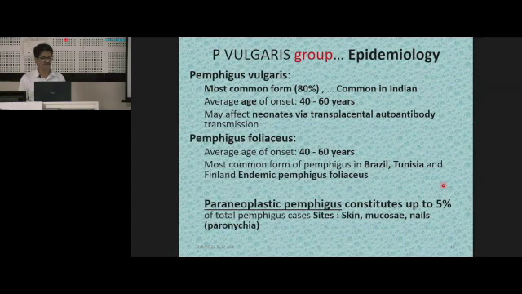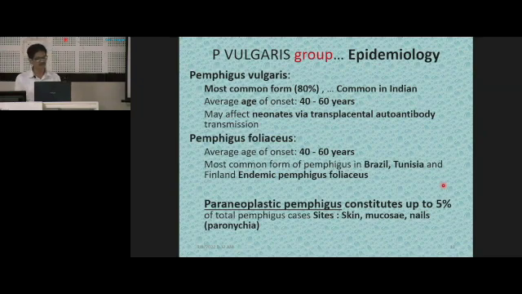We see many cases. Average age of onset is 40 to 60 years, and it may affect even a neonate via transplacental autoantibody transmission, just like Rh incompatibility and transplacental IgG transfer. Similarly, this can happen, but it is not very common here.